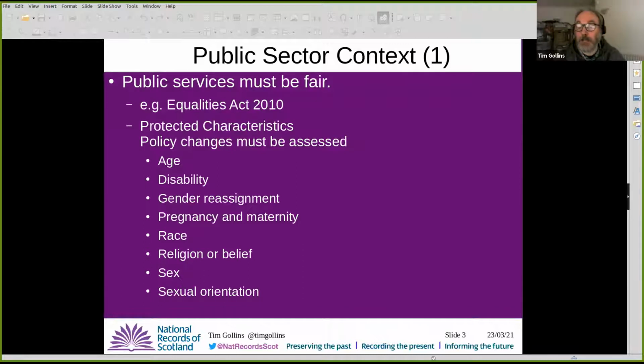These are very challenging questions for archives, and you'll see why as I go on. These are not small matters, and these are not things that we don't take very seriously. We take them very seriously, but as you'll see, the challenges we have in this space are legion and historical.